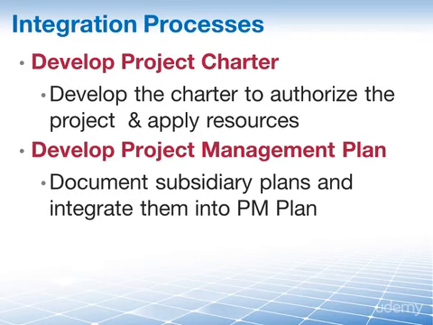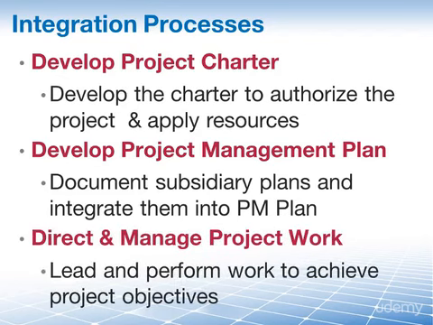a humongous activity, a humongous process before you can move on to the next step, which is actually doing the work in Direct and Manage Project Work, the process of leading and performing the work defined in the project management plan and implementing approved changes to achieve the project's objective.